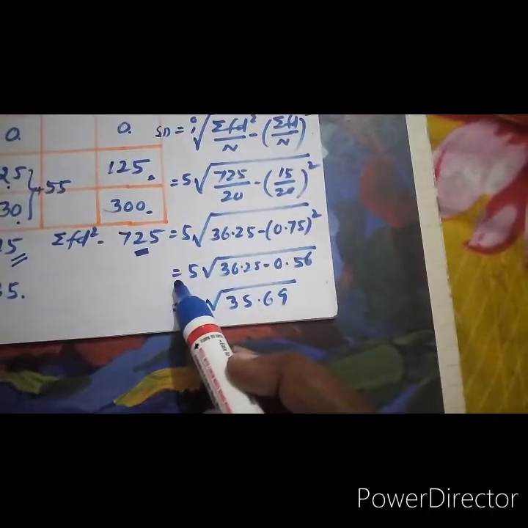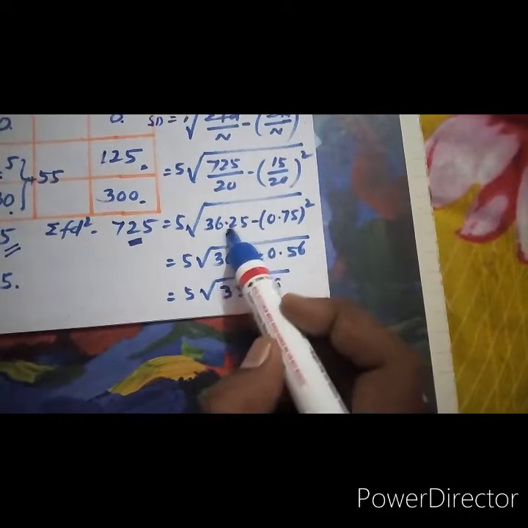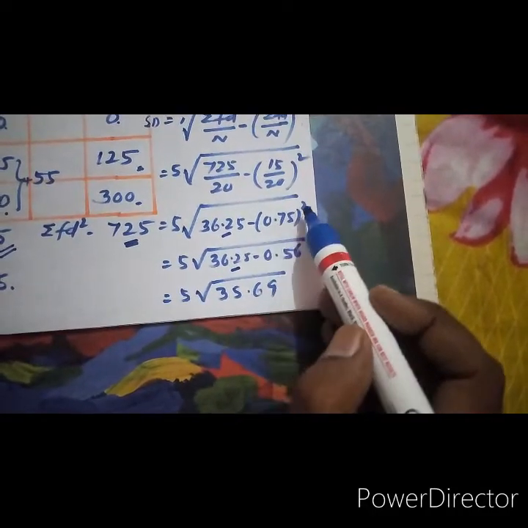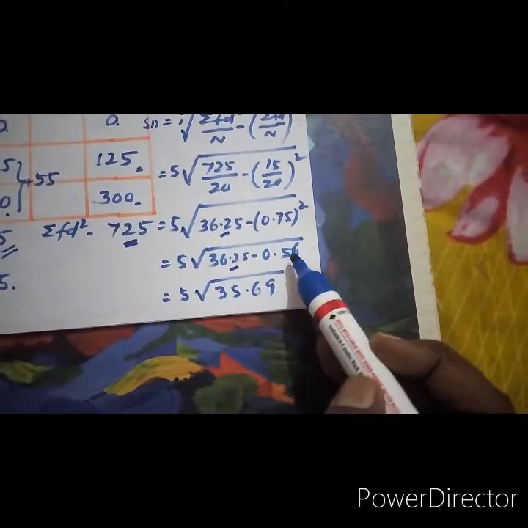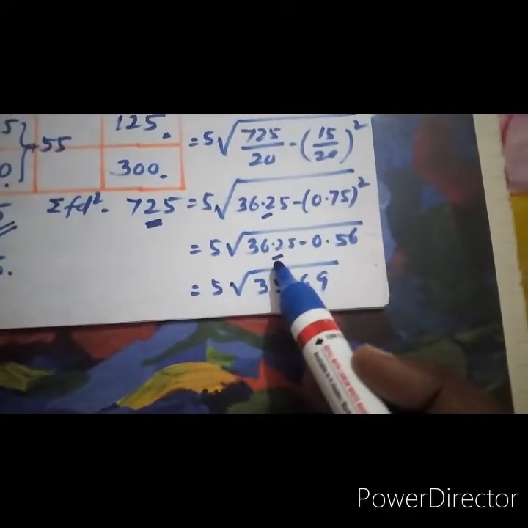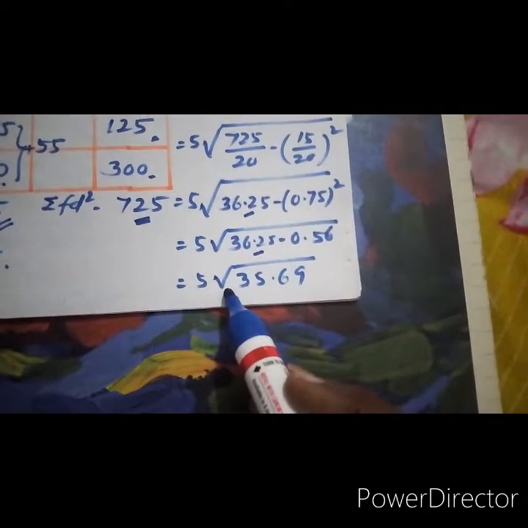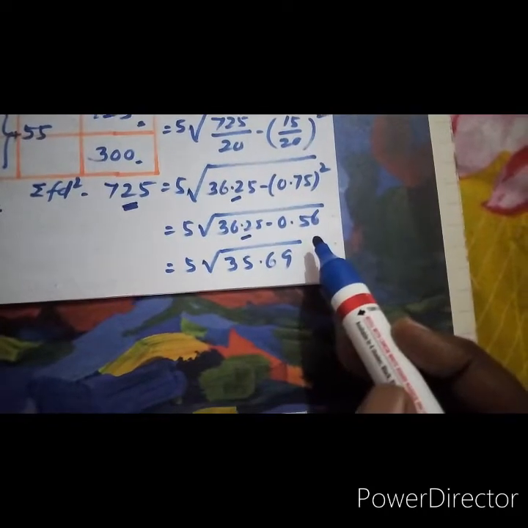Then you keep it as it is: 5 into the bracket 36.25 minus the square of 0.75, which is 0.56. Then 36.25 minus 0.56 is equal to 5 into the square root of 35.69.